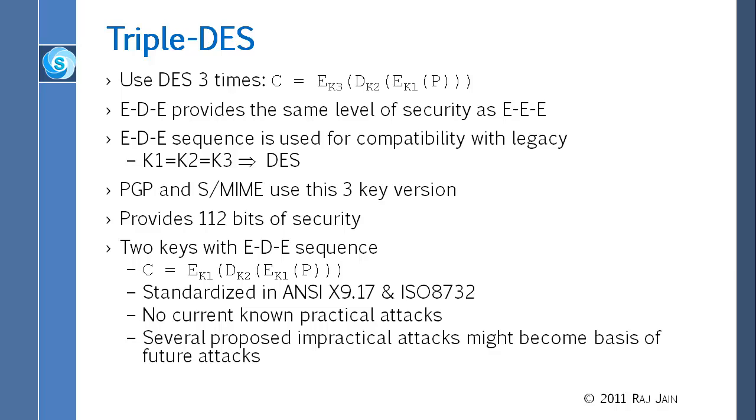Decryption is not any weaker or any stronger than encryption. It's exactly the same. So if you do D in the middle, then there is some extra property that comes in that we'll see in a minute. And so EDE is same as EEE. Agreed? Everybody agreed on that one? Because D and E are same.